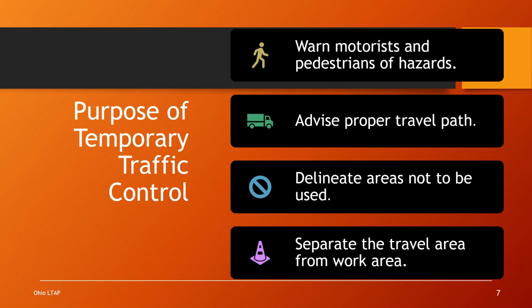The top 4 reasons we have temporary traffic control is: number 1, we need to warn the motorists and pedestrians and all road users, you know, the big trucks, the motorcycles, as well, of the upcoming work zone they're about to face. We need to give them plenty of advance warning.